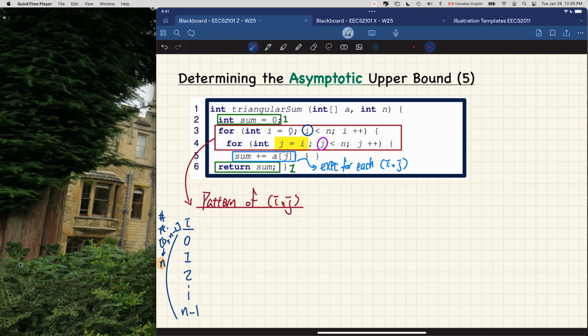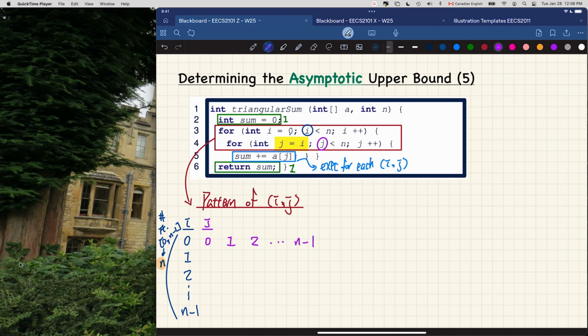All right, let's go for the very first one. When i is equal to 0, what will be the possible values for j? From what to what? 0 to n minus 1. I like that. Sure. Okay, so for that one there, j is going to be from, let's say, 0, 1, 2, all the way to n minus 1.